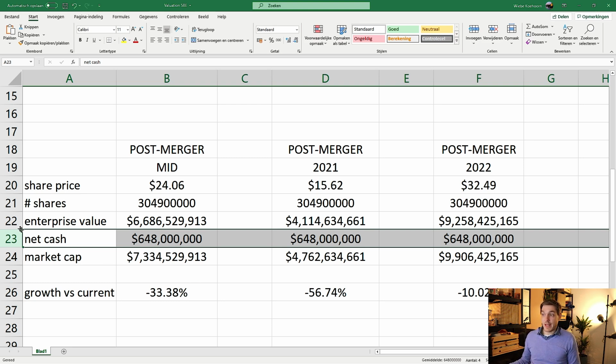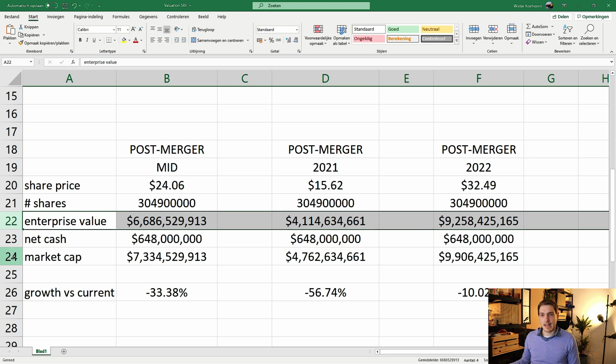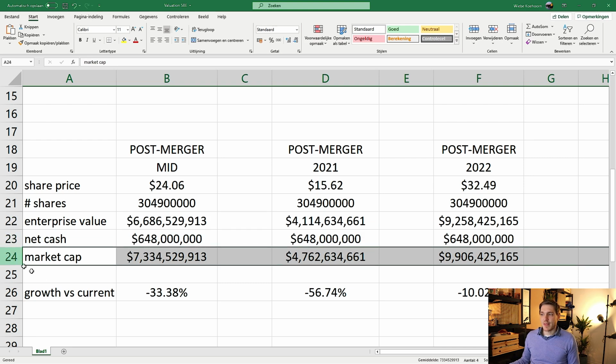We need to go from an enterprise value to a market cap. And you do that by taking these enterprise valuations, adding back the amount of net cash. That is going to give you these fair market caps, these fair equity values for ChargePoint in this example.